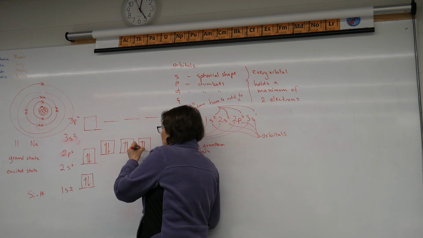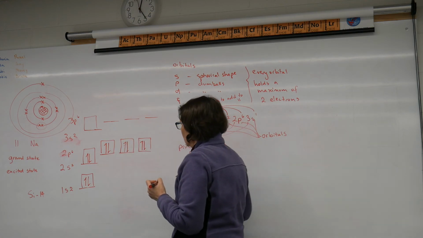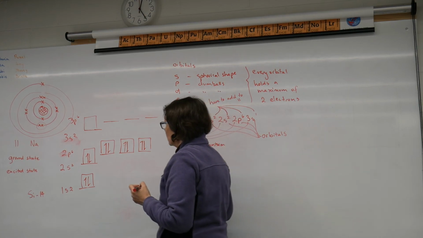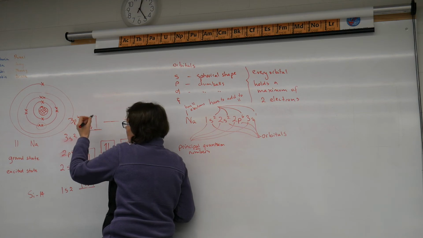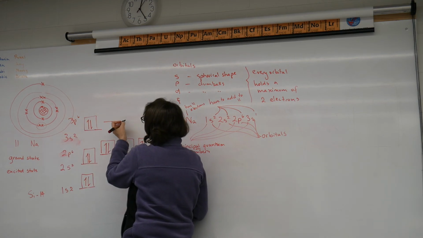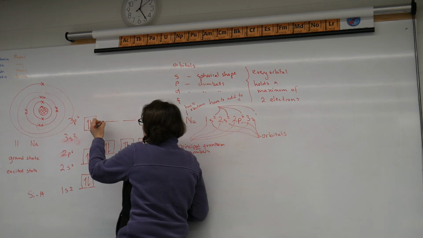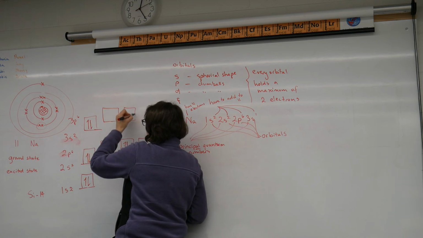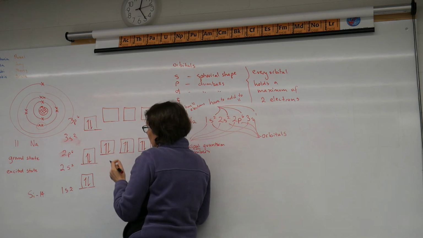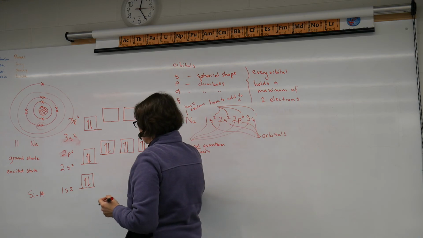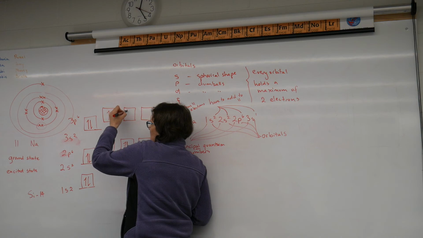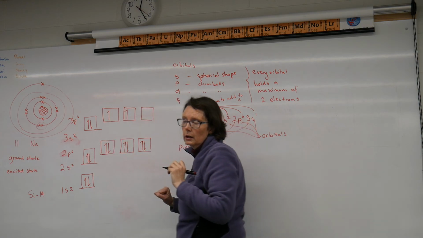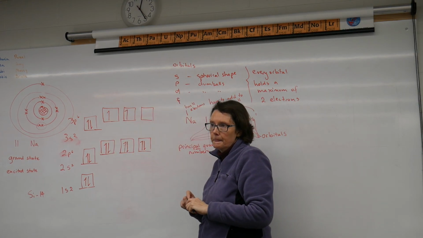And that process continues. 4, 6, 8, 10, 11, 12. So how many electrons have we got? 2, 4, 6, 8, 10, 12. We've got 2 more to go. 13, 14.